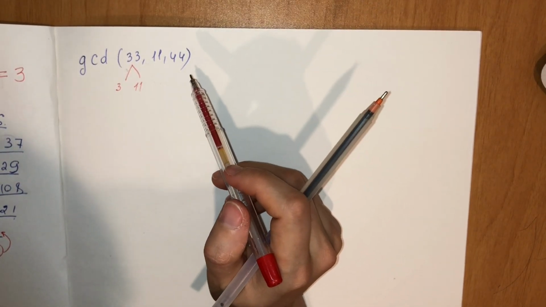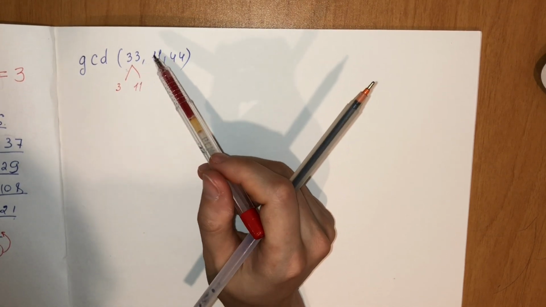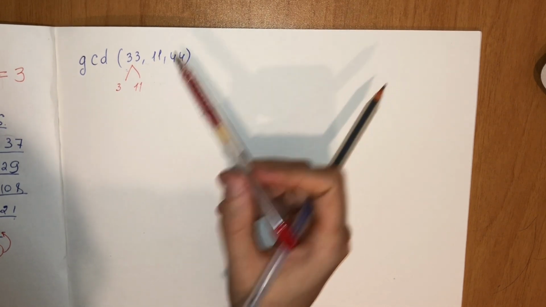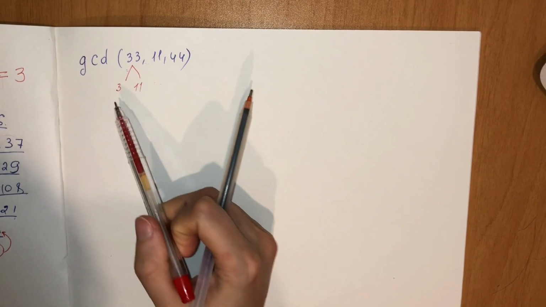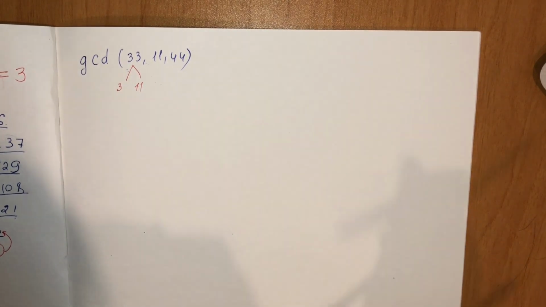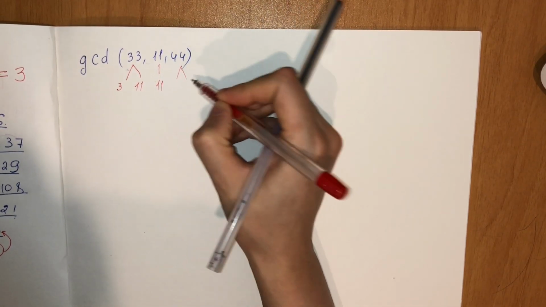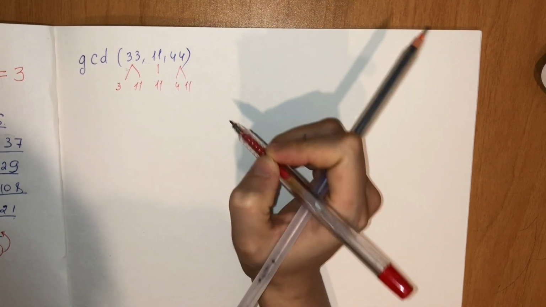As I mentioned in my video tutorial about divisibility, prime numbers are the numbers that have factors only 1 and themselves. The prime factorization of 11 is 11. The prime factorization of 44 is 4 times 11.